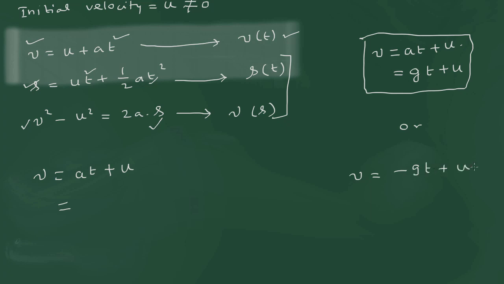There are two ways you can write, because it is vertically thrown upward. Sometimes it is plus g and sometimes it is minus g, and you may get a confusion when to put a plus g and when to put a minus g. So to avoid all the confusion, you now follow what I am telling.